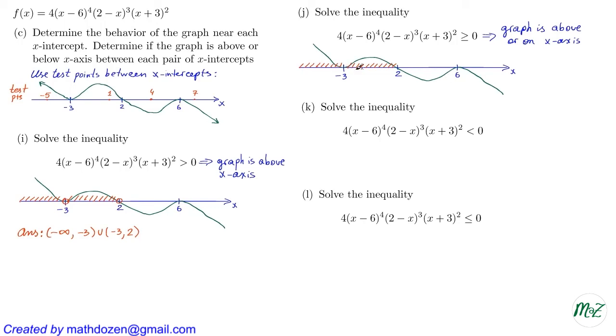And then all the x-intercepts get the filled-in points, because there the graph is exactly on the x-axis. So -3, 2, and x equals 6 will be part of the answer. So for the intervals, we're going to have the following answers. The first interval is starting at -∞ and going all the way up to +2.